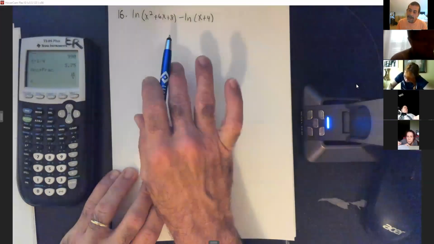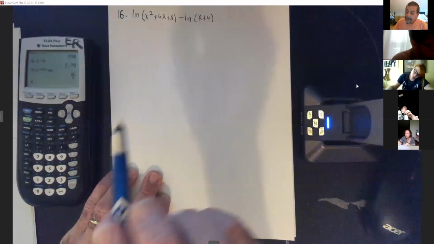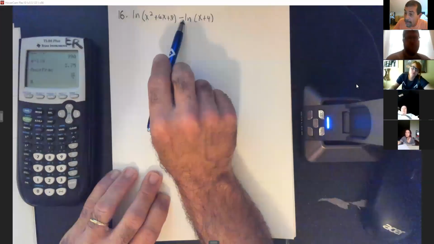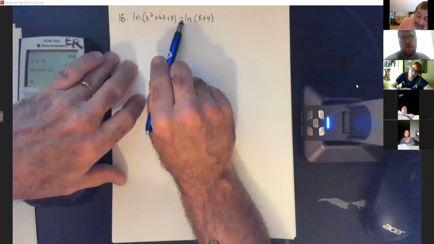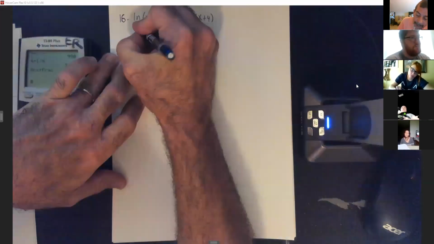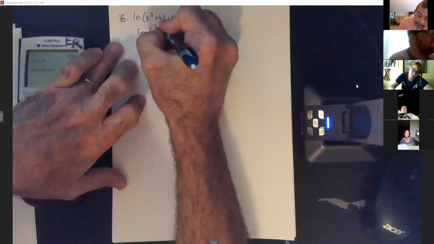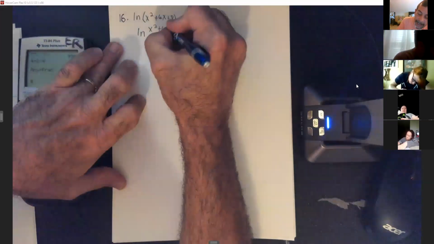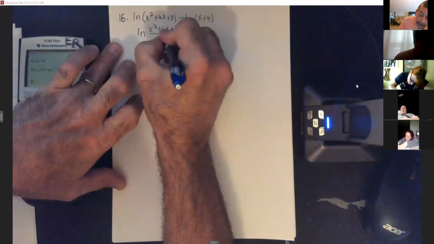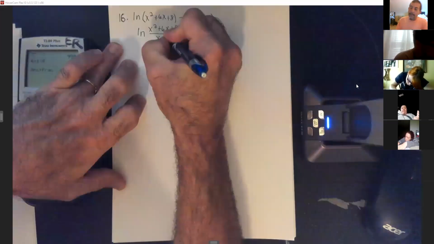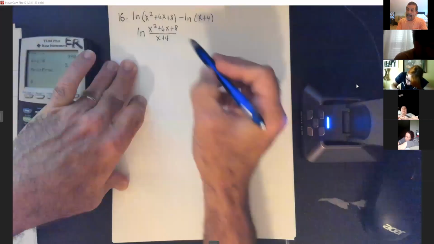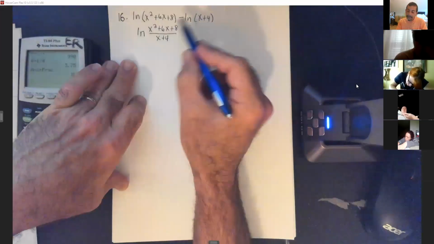I'm going straight into rewriting it. Since it's being subtracted, I'm going to rewrite it as a quotient. So it's going to be ln, with the x squared plus 6x plus 8 on top, all over the bottom, which is x plus 4. Once again, anything negative has to go to the bottom of the fraction.